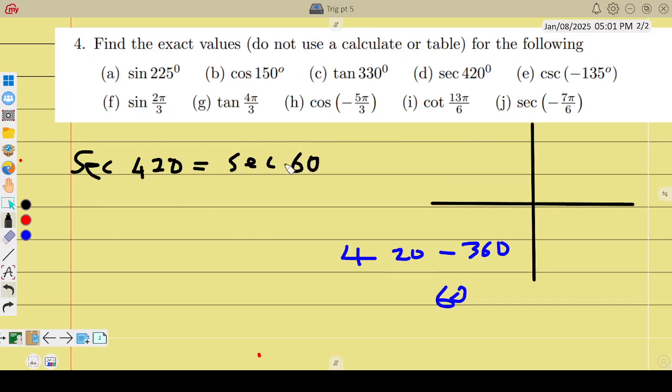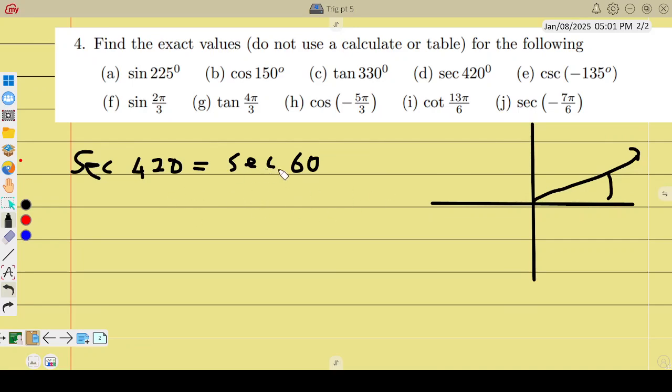It just made another revolution. So where do we find 60? So 60 degrees, we find it there. So we have to evaluate sec 60.